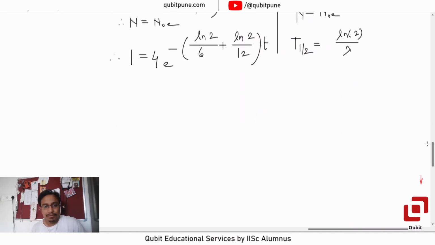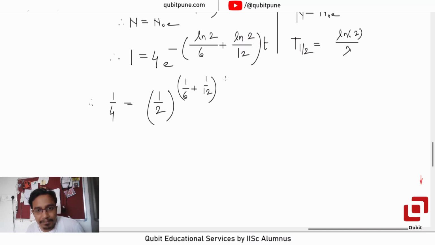Okay, so we now have 1 upon 4. Now e raised to ln2 is 2, and with that negative sign it will become 1 upon 2, right? 1 upon 2 raised to what? 1 upon 6 plus 1 upon 12, times t. Okay, I hope you got this part.